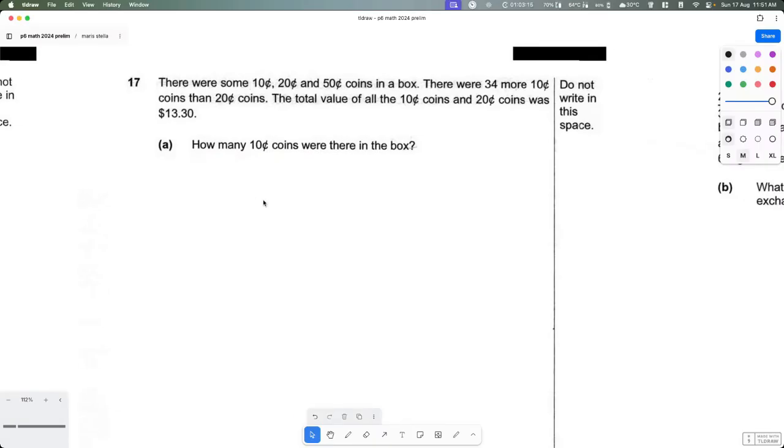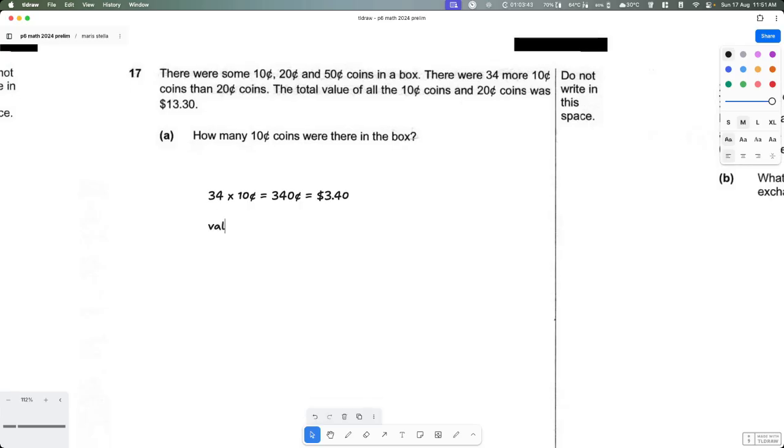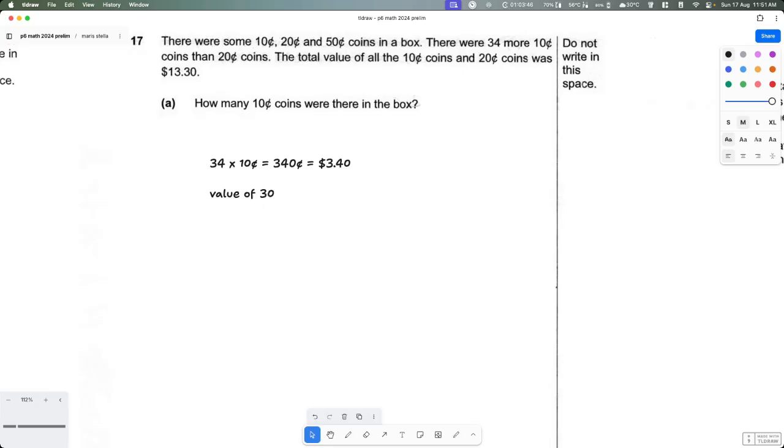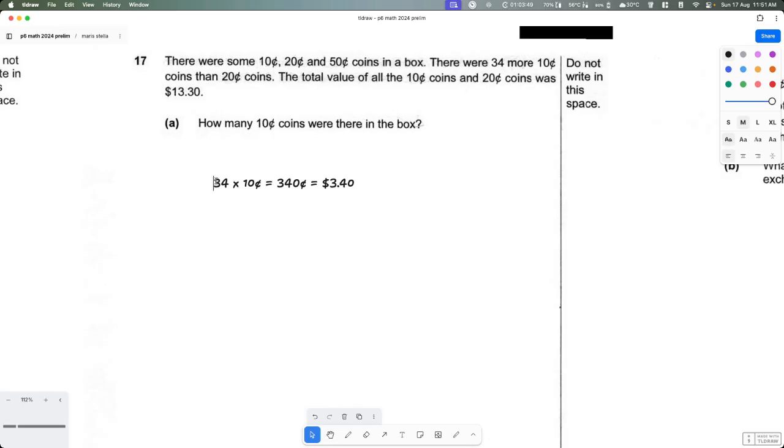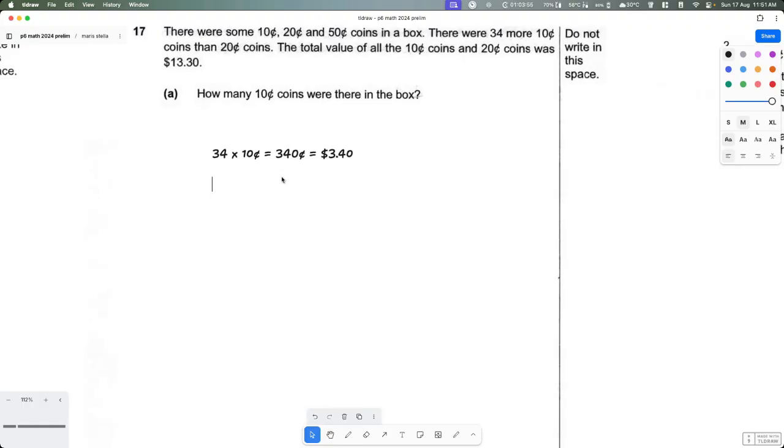Okay, so for this, there were 34 more 10 cent coins than 20 cent coins, right? So 34 times 10 cents is equal to 340 cents, or equal to $3.40. So the total value of 10 cent and 20 cent coins was $13.30.